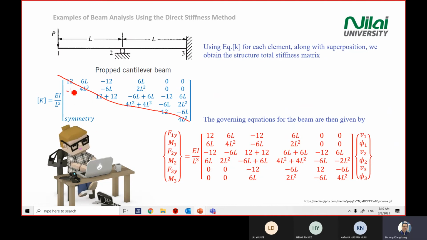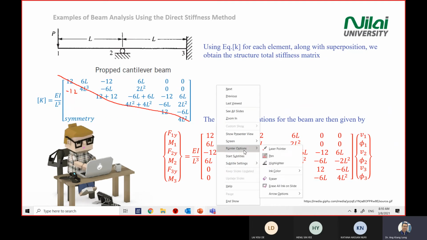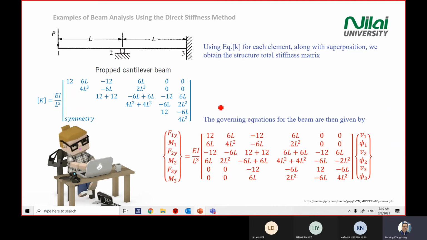You see here is -12 and so on. This is to save my time when preparing the slides. So in your test, exam or assignment, you should avoid using this word. You need to write the full matrix in your answer. I just did a comparison so that you know what is meant by symmetry in our lecture.